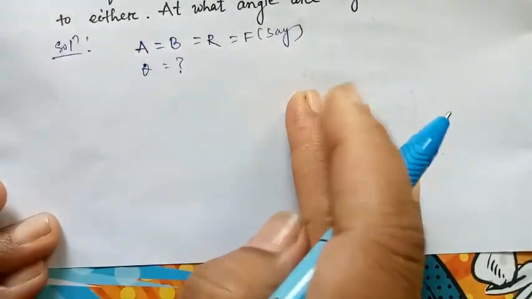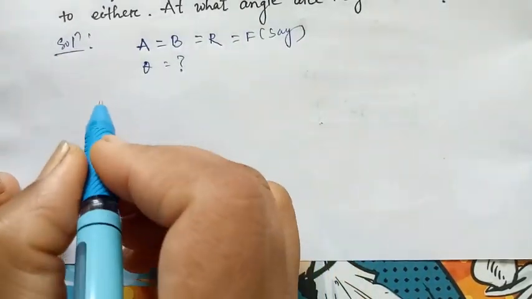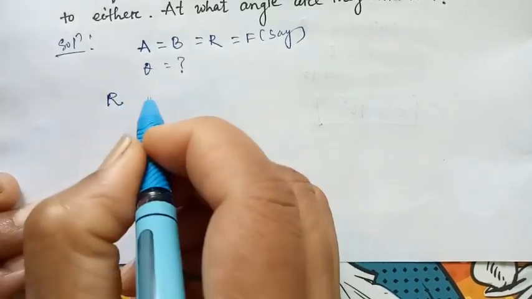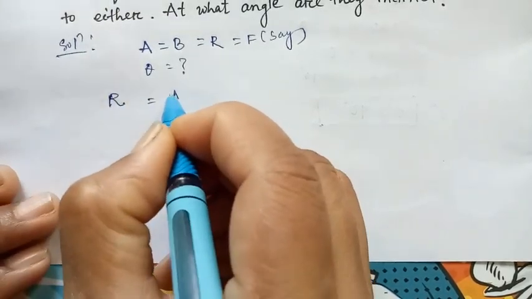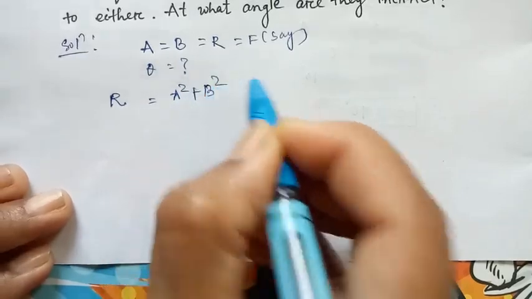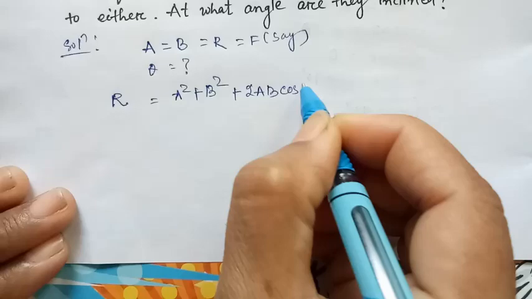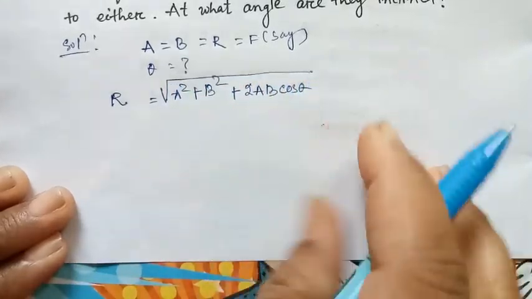So from the vector law of addition, R is equal to how much? Square root of A square plus B square plus 2AB cos theta.